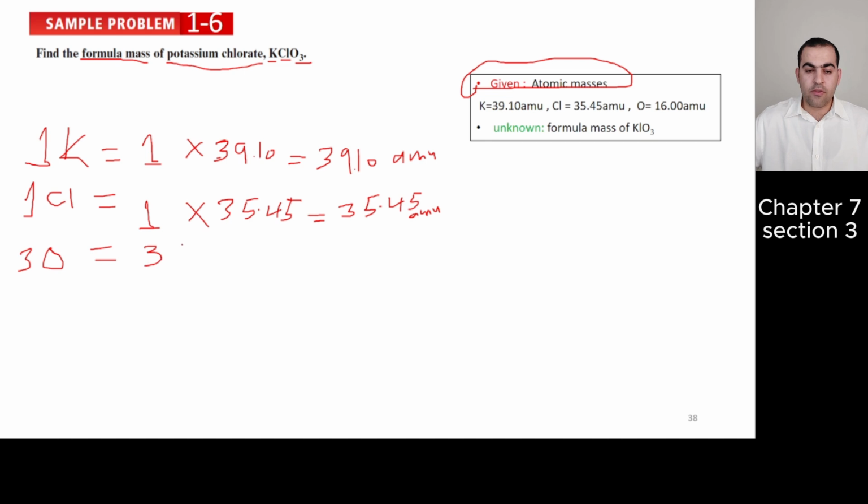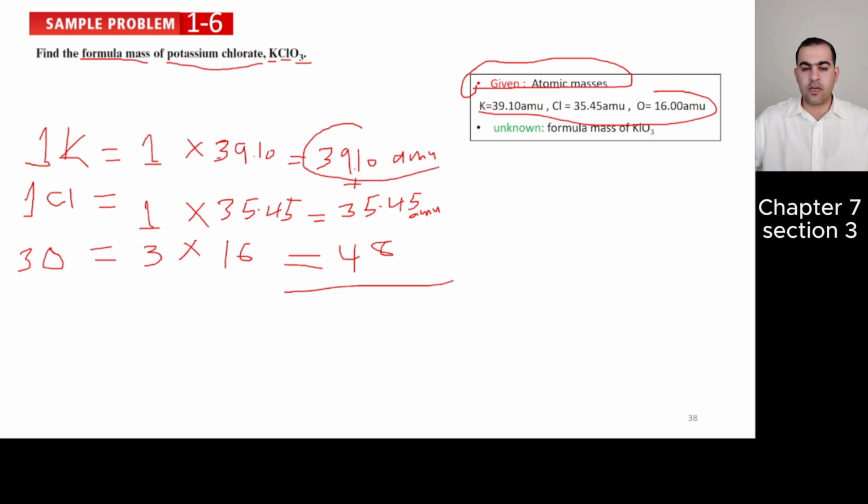We have 3 oxygen. This is very important: 3 times the atomic mass of oxygen. This information will be given in the exam. So 3 times 16 equals 48 in total. Now we add these together: 39.10 plus 35.45 plus 48 equals 122.55 AMU.